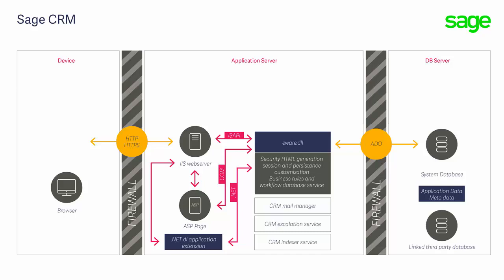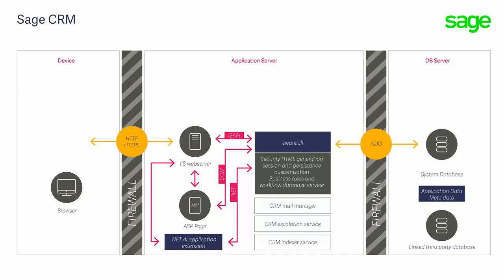That EWare-DLL then is going to be looking at the environmental information that is passed in to it. That includes all of the parameters which are within the URL string, and knowing and understanding whether or not this session information that is contained within the URL is valid, and it will understand which part of the system you should be looking at.